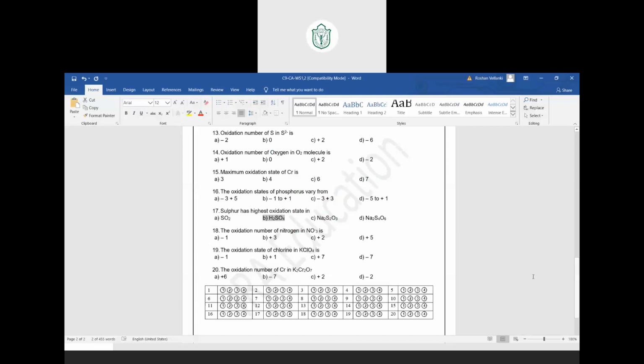Next, oxidation number of chlorine in KClO4. Abhiram is saying plus 7. Okay.